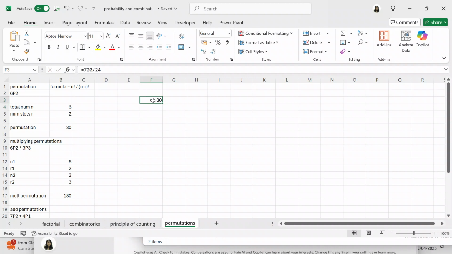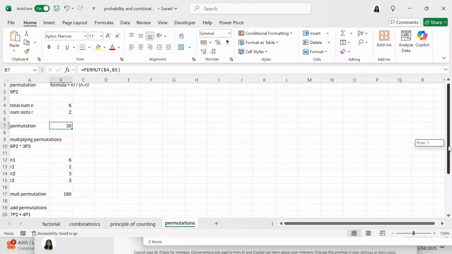So I did it for you manually so you can just see how it's done. But Excel has a formula, so you don't have to calculate it manually if you don't want to. It just does that for you automatically.